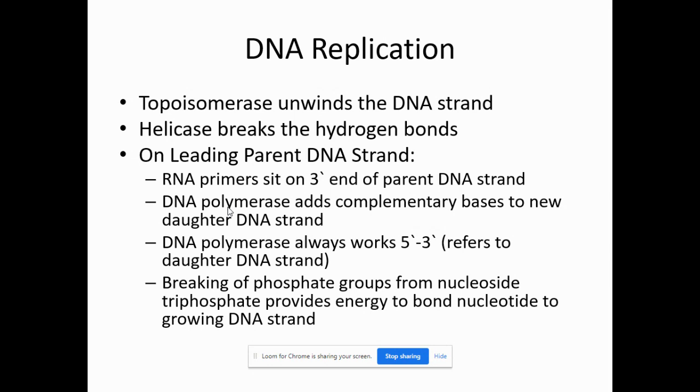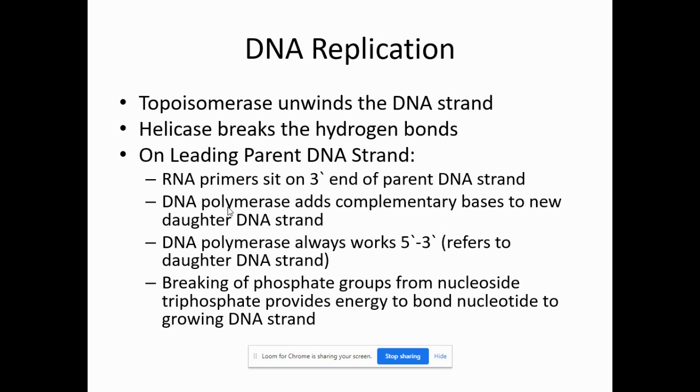When you look at the first part of a new daughter strand, you have a little piece of RNA. RNA primers will come and sit on the 3' end of the parent DNA strand. Then DNA polymerase can come and sit on the RNA and start adding complementary base pairs to the growing daughter strand.